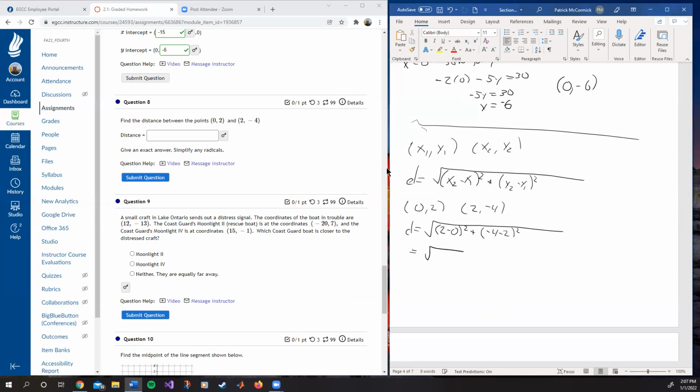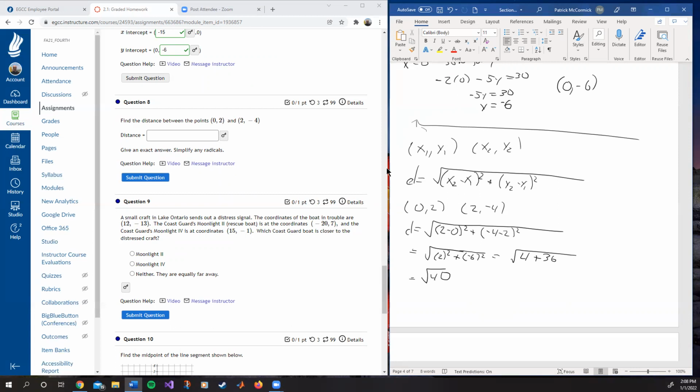I get the square root of 2 minus 0 is 2, so 2 squared, plus negative 4 minus 2, which is minus 6 squared. So I get the square root of 4 plus 36, which is the square root of 40.